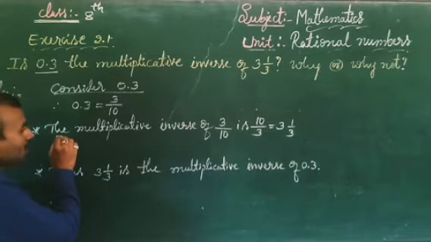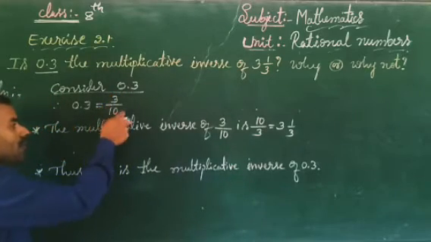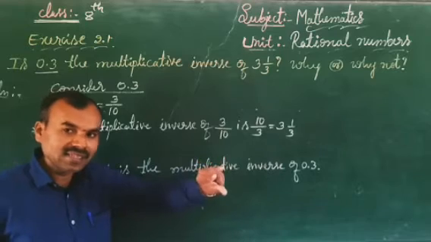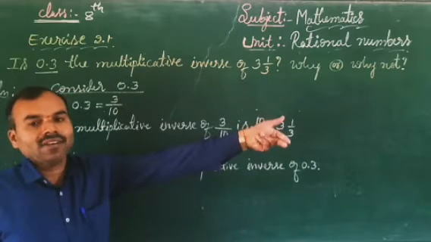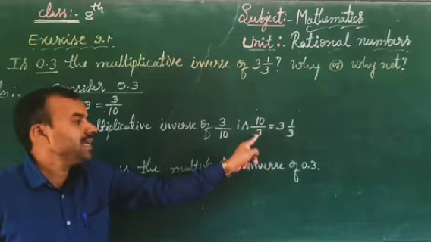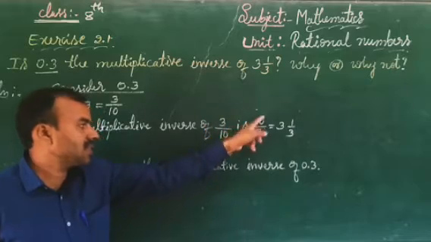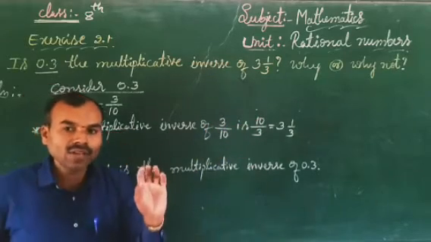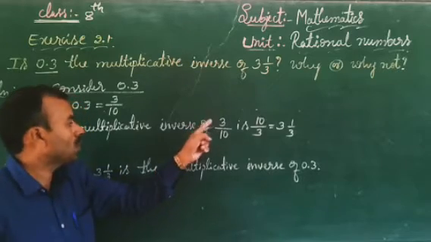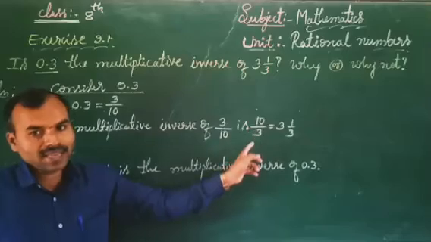Yes, the multiplicative inverse of 3 by 10, we have just taken the reciprocal 10 by 3. If you multiply these two, 3 gets cancelled, 10 gets cancelled, we get the product 1. So the multiplicative inverse of 3 by 10 is 10 by 3.